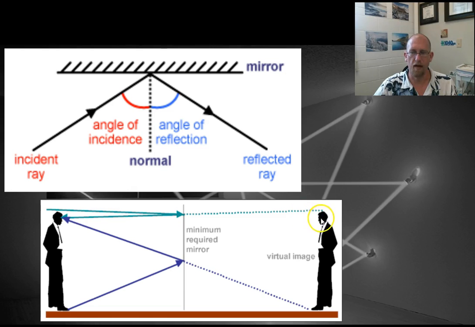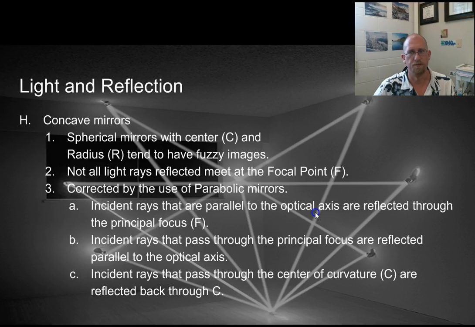And the image of your face, well, the top of your head, comes off the top of your head, hits the mirror, comes back and strikes your eye, and it looks like that ray is actually coming from back here. And so you look like you are a ways behind the mirror. And if it's a flat mirror, you look like you're just as far behind the mirror as in fact you are in front of the mirror. And so that's a virtual image because you are not actually standing behind the mirror. Hope that's not news to you.